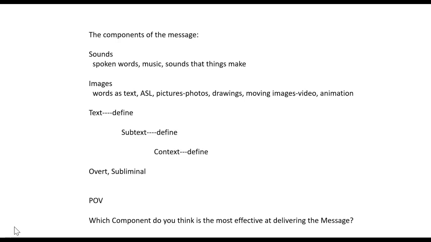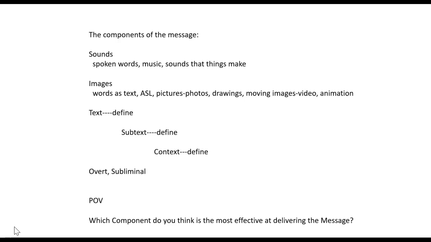This is an important thing for media literacy. It's important for us to understand what is the point of view of the source. This will help us decide whether or not we believe the message. Right?